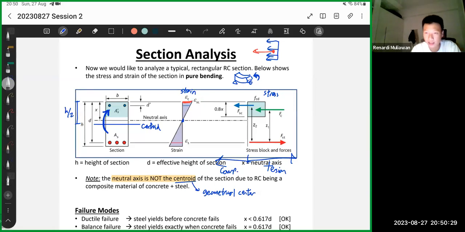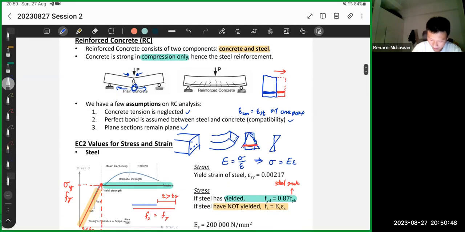It's basically how much the compression steel gets compressed. Again, the amount of compression in the concrete and steel at one level is the same. So if the concrete is compressed that much at this level, it's the same as the compression steel. That's what the statement says, the perfect bond.